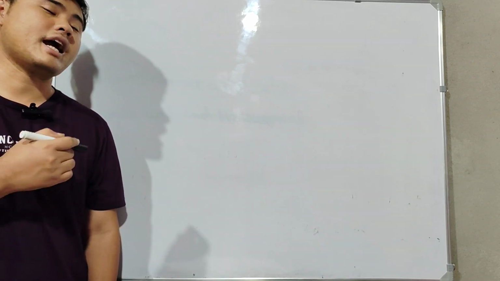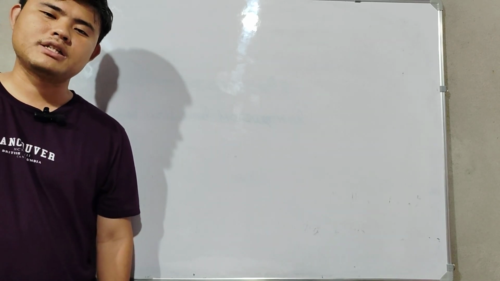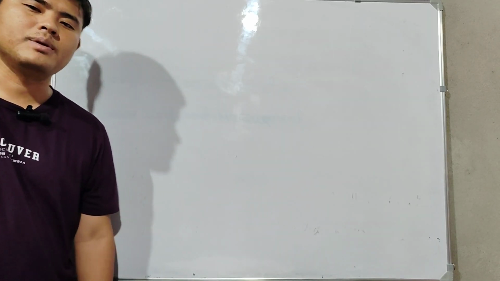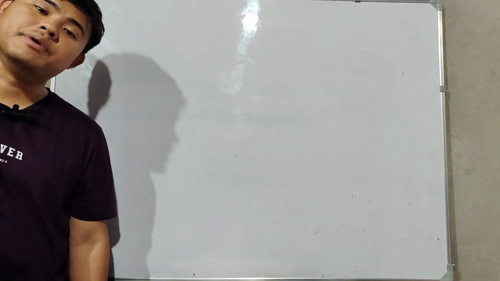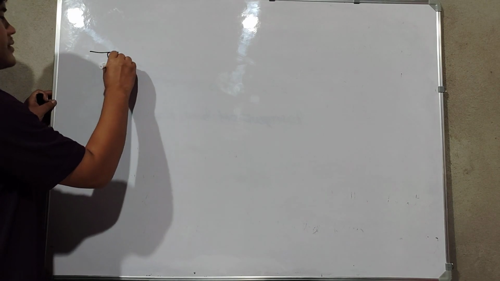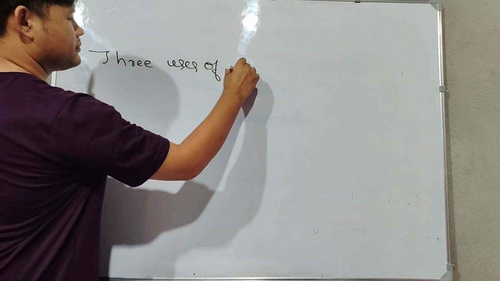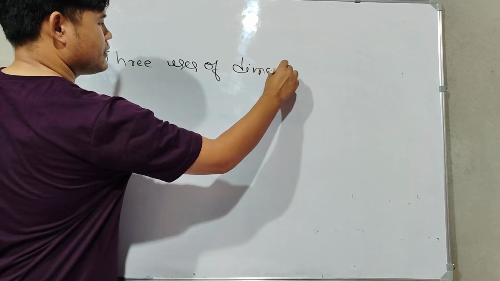Okay, so let's write down its uses. After that we will discuss one by one, and at the last we will see its limitations also. So three uses of dimensions. We write it down.